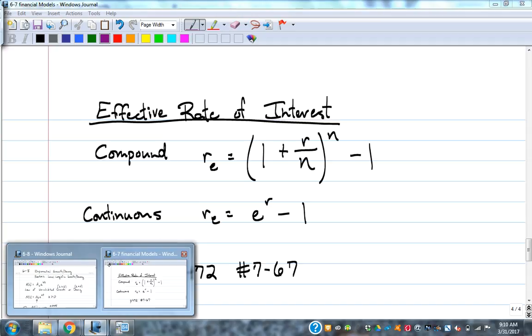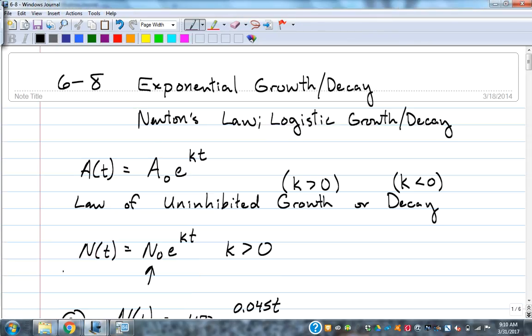Let's go to 6.8. The point of that is to compare different accounts. Like if they ask you which one is the better option, if you're going to compare two investments, one that maybe was at continuous interest and one that's compounded quarterly, it's hard to compare those two because there's two different formulas for those.